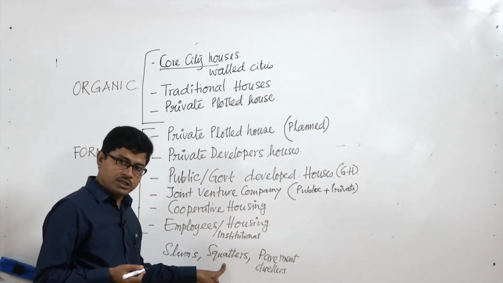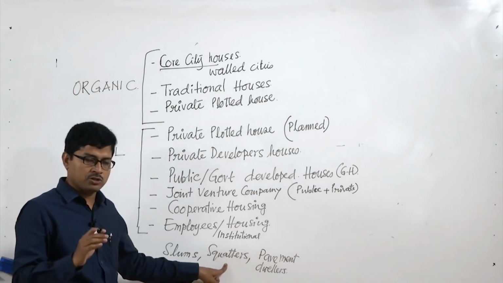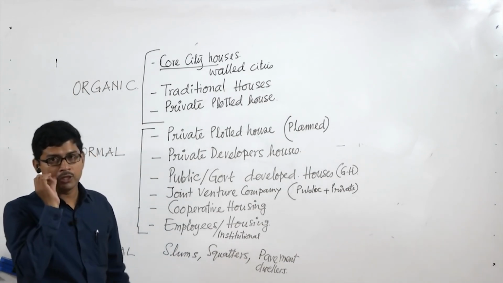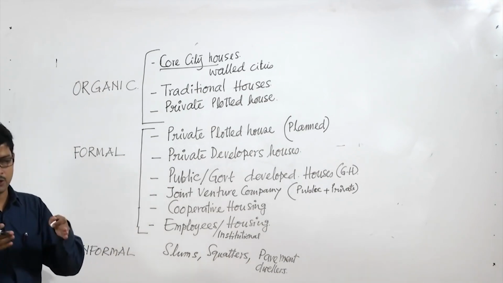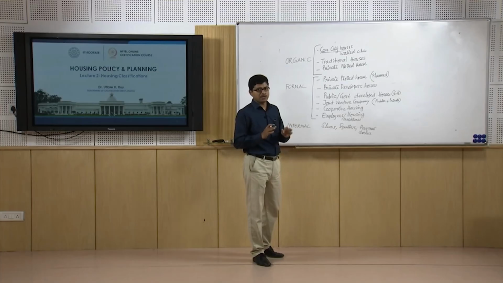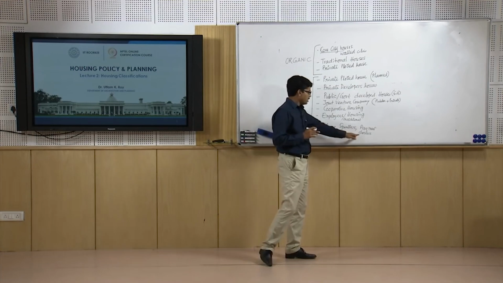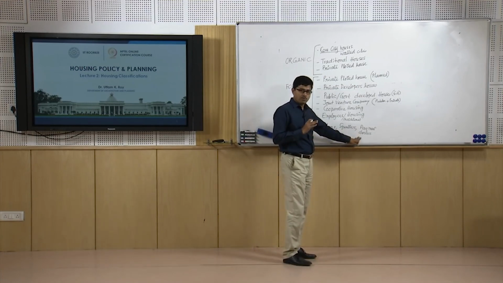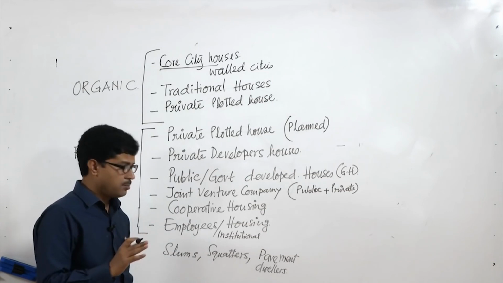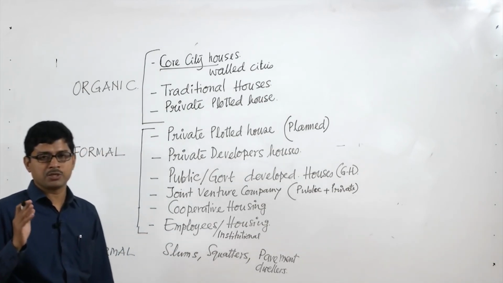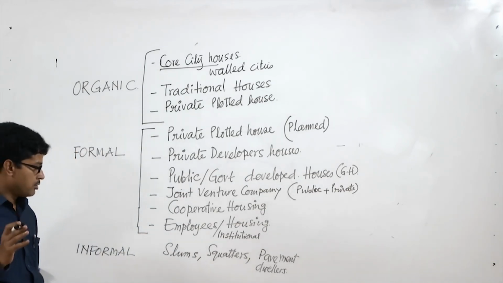Squatters are those settlements which come and encroach on the public land, especially in the very risk prone areas, say along the railway lines, along the canals. And pavement dwellers are those who are basically mobile, who have a nomadic life, who stay in the pavement or common areas like bus terminals, stations and all those areas.